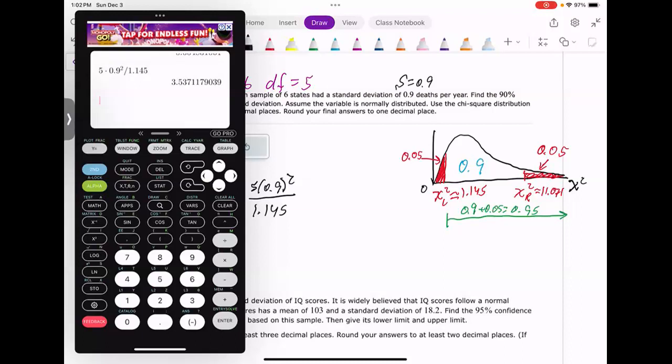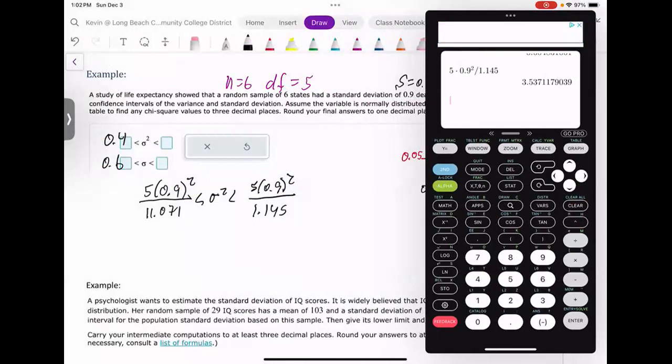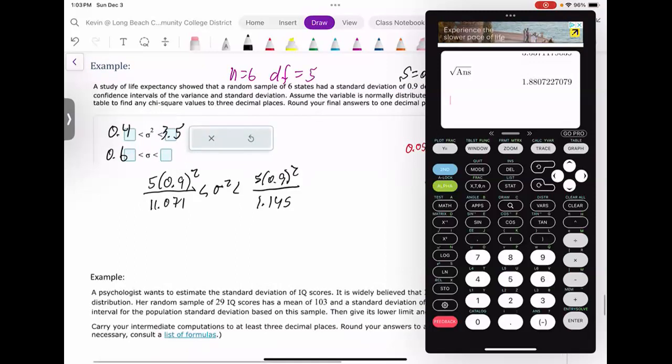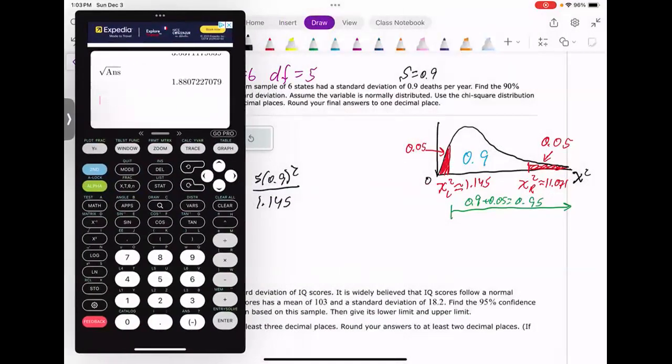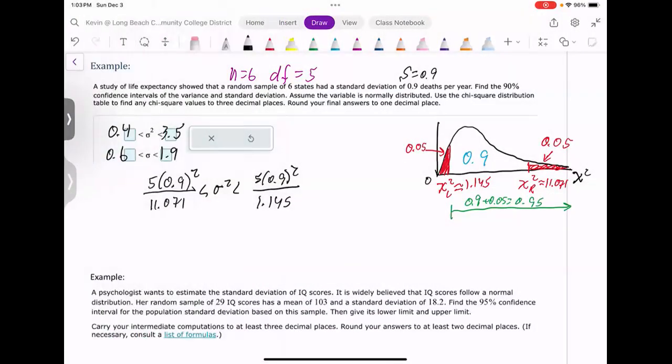And that's going to round off to 3.5. And I'm going to take the square root of that, second square root, the previous answer. And that's going to be 1.9, it looks like to me. Not too bad. Hopefully it's not that big of a deal for us.